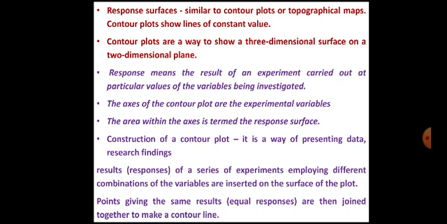So these values are plotted into the three-dimensional space between the axes. After feeding the values of responses, the points giving the same results, that means the equal responses of the experiments, are then joined together to make a contour line.